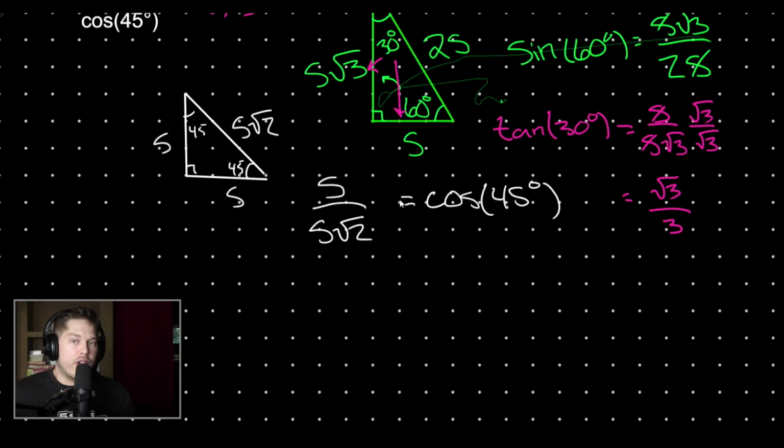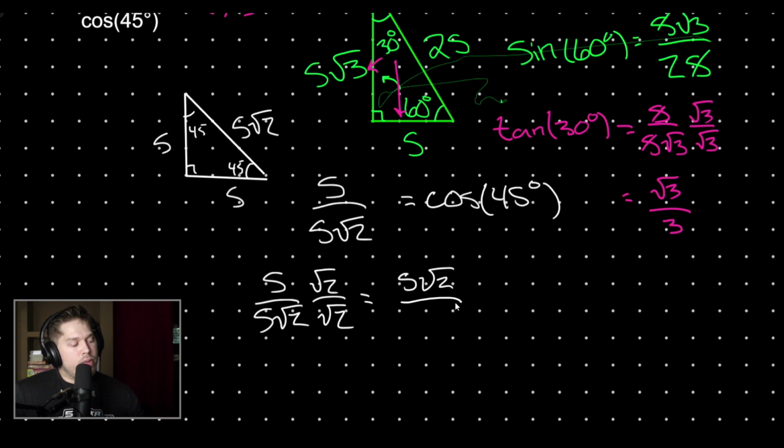Again, we can't have a radical in our denominator. So we're going to multiply both sides by the square root of 2. And we're left with s root 2 over 2s. Our s's cancel out, and we're left with root 2 over 2.